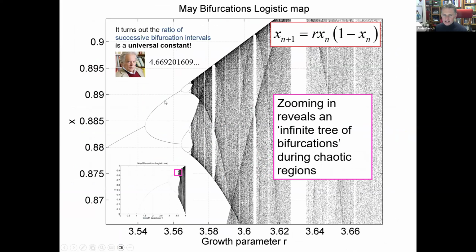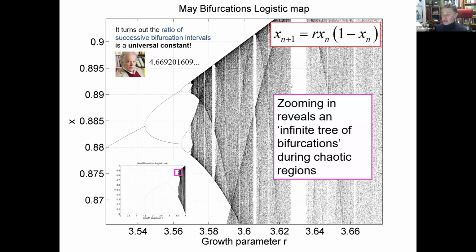And what you find is, as you zoom in, it looks a bit like the big picture. And if you zoom in again, it looks like the big picture. So this is what we call a fractal. A fractal geometry is a bit like mountains and rocks. If you take a mountain range and then take a rock from the mountain, it looks a bit like the mountain. And if you stick the rock under a microscope, it looks a bit like the rock, which looks like the mountain.